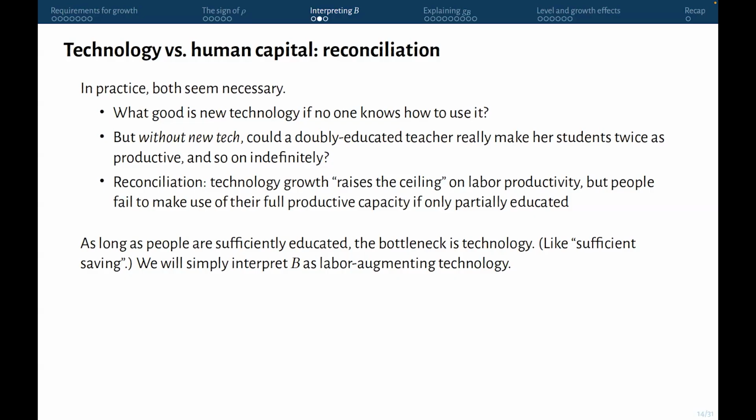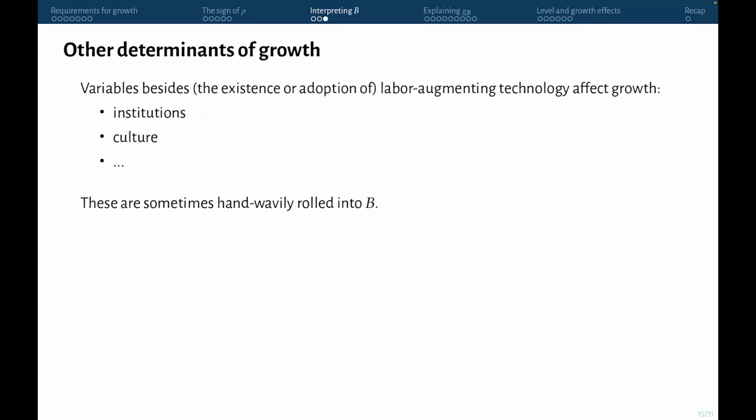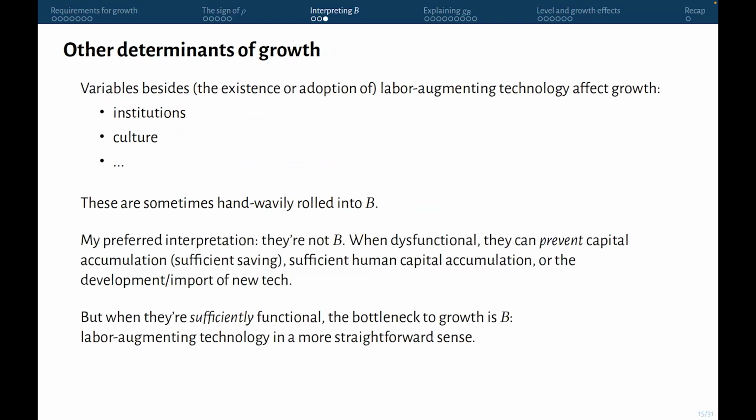I mean, we're thinking about AI anyway, so we'll just talk about B, when it comes up at all, as labor augmenting technology. And finally, there are other things that contribute to growth that people will sometimes hand-wavily roll into B if they want a stylized model to reflect all of these other important determinants of growth.